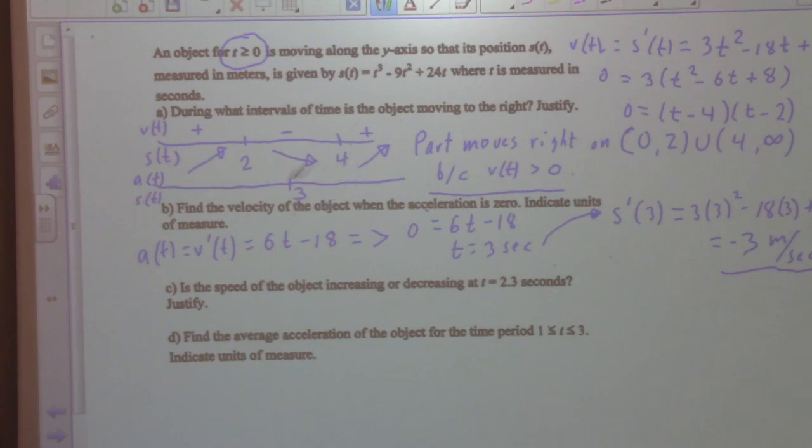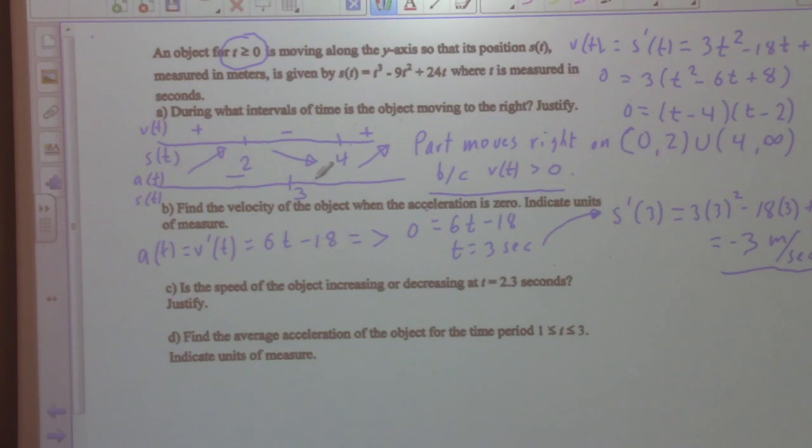Now we evaluate on the top whether our acceleration is 0 at 3, but we're going to find out which way it goes. How do we figure out which is which? Start plugging in numbers. Plug in 0: it's -18. So to this side of it is negative.